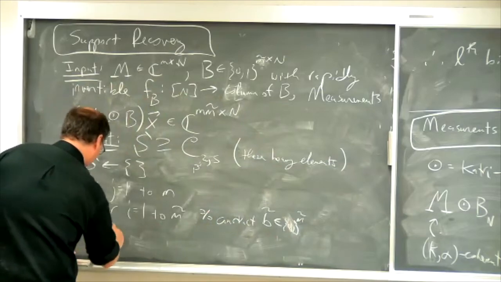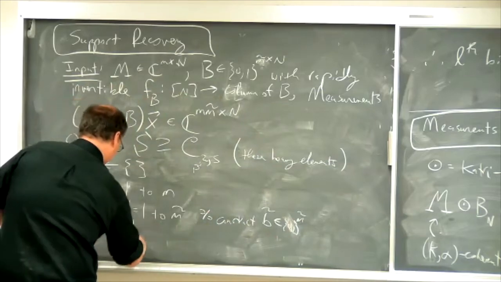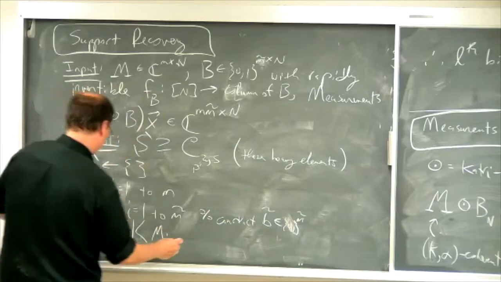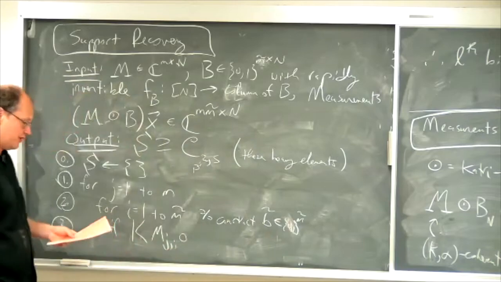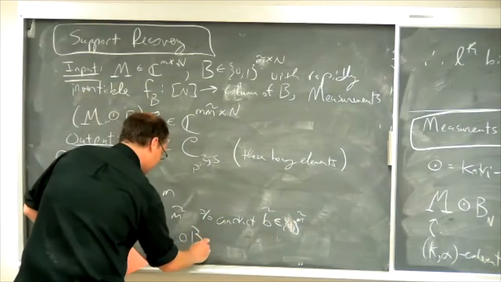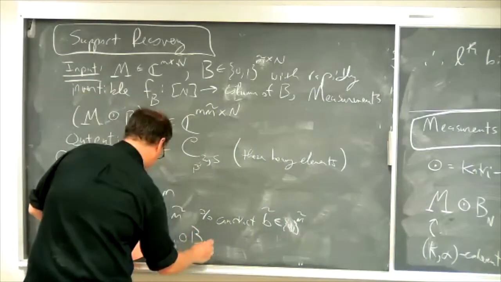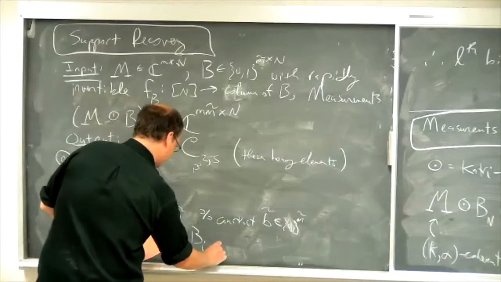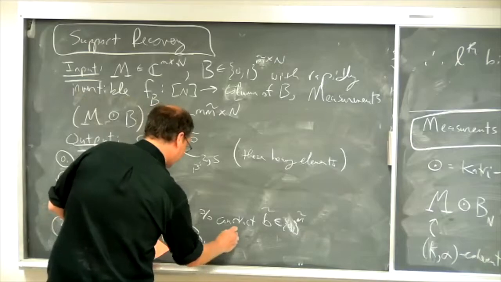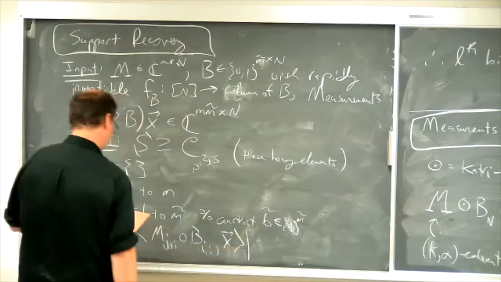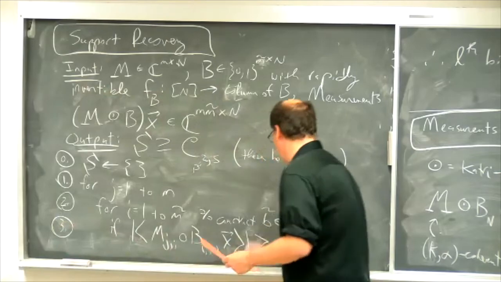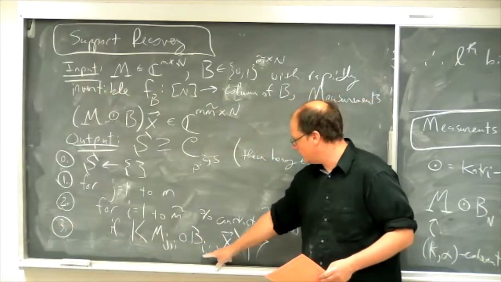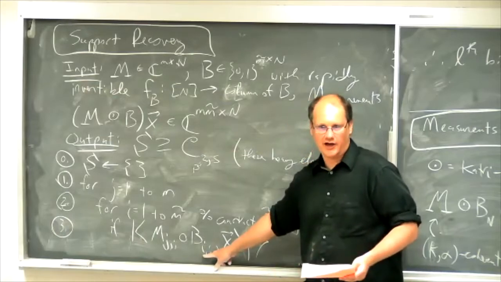And what do we do next? We do our bit testing trick. So if the inner product of M_j Hadamard B_i, right, the ith row of B with X, so these are going to be all the entries that have, let's say, the ith bit equal to 1.